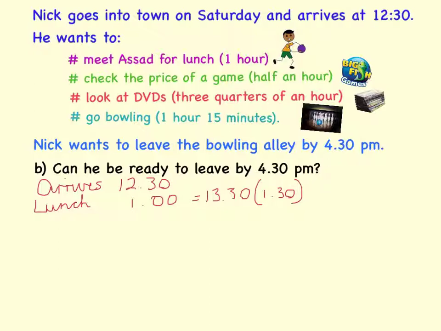He's going to check the price of a game, so he's going to go to the game shop, and he's going to spend half an hour or 30 minutes in there. So if we add 30 minutes onto 13:30, we will get 1400 hours, or 2 o'clock if you prefer.